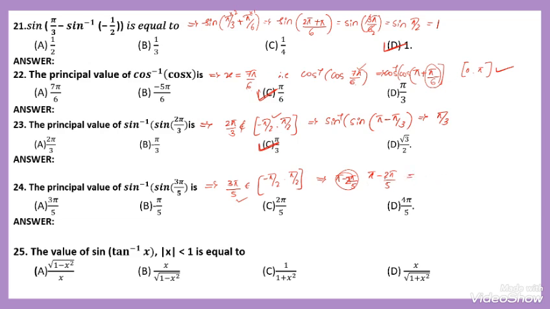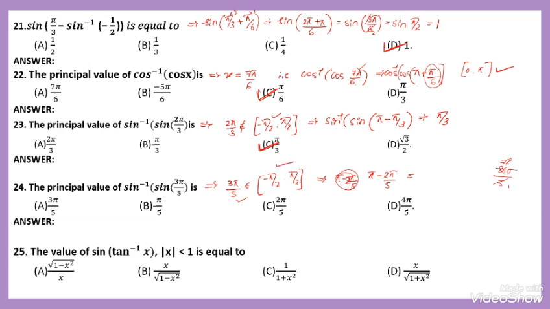Therefore, the 2 pi by 5 value belongs to this range. That is 2 into 180, 360 divided by 5, which is 72 degrees, which belongs to this range.